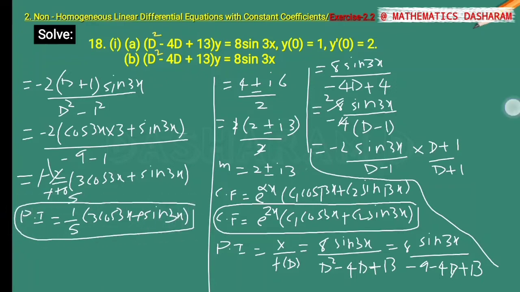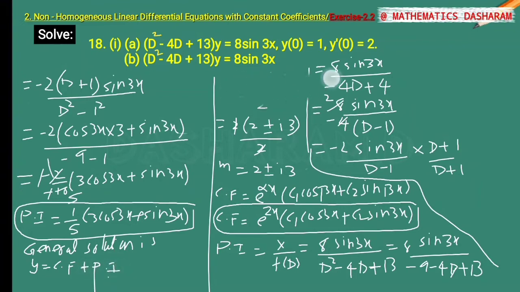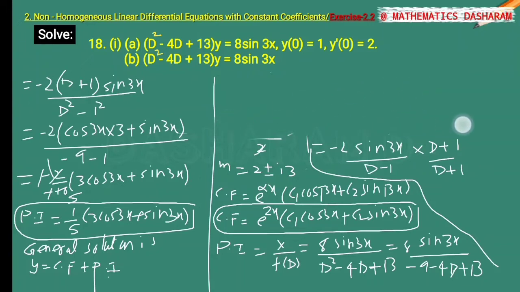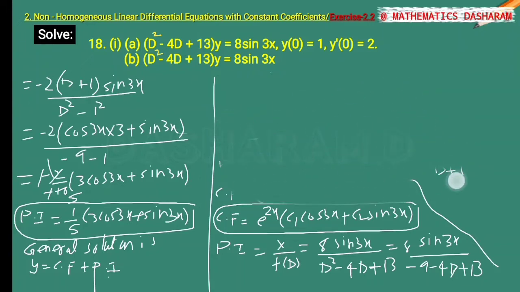Now let's write the general solution. y equals complementary function plus particular integral. Here is the complementary function: e to the power of 2x into c1 into cos 3x plus c2 into sin 3x.